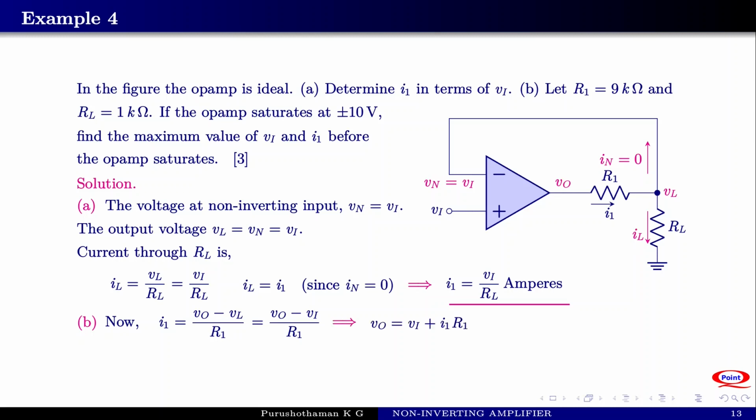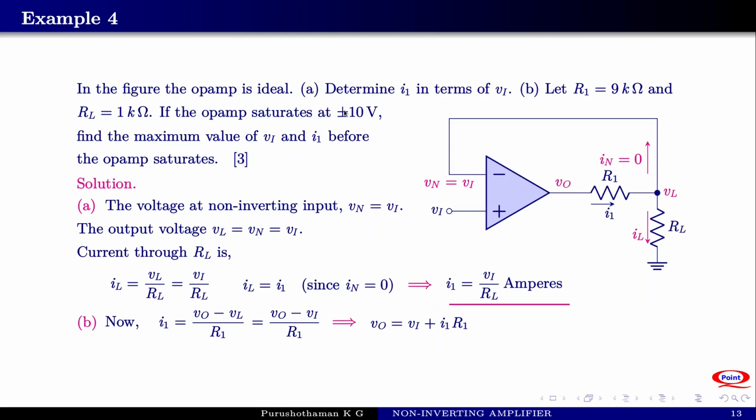This implies that VO equals Vi plus I1 R1. VO, the output of the operational amplifier, is equal to the voltage at this point plus I1 R1.